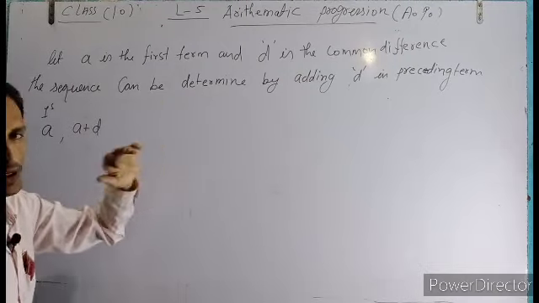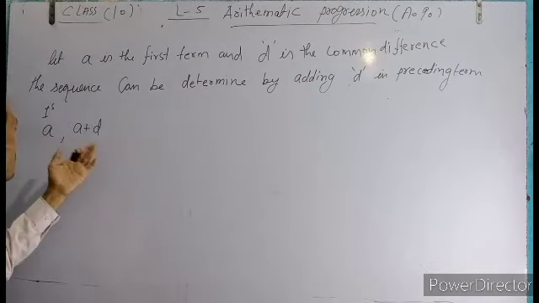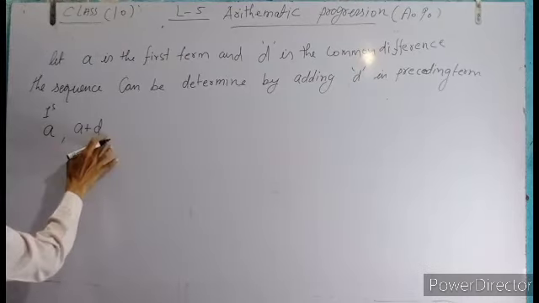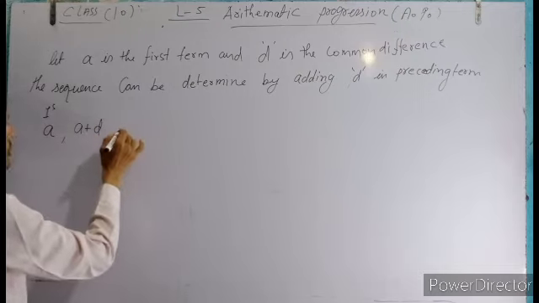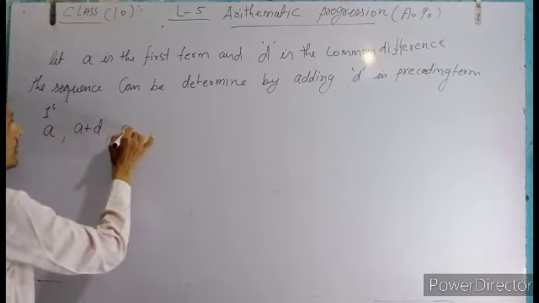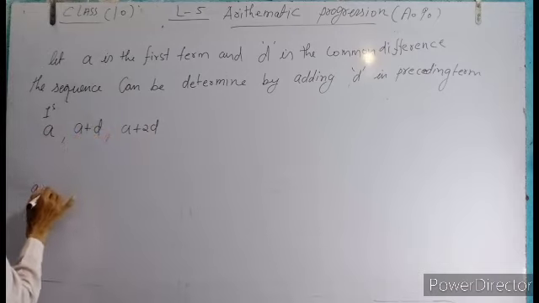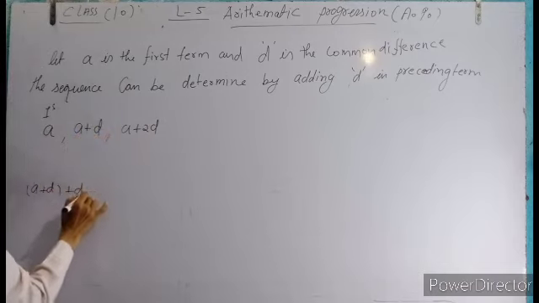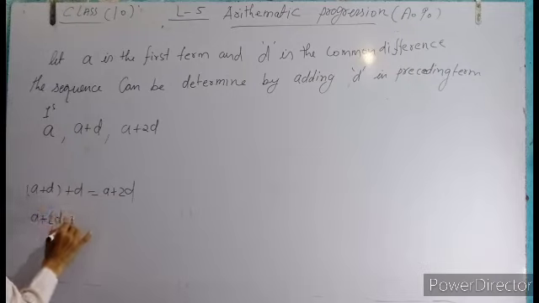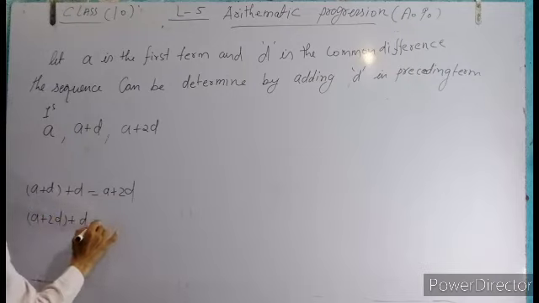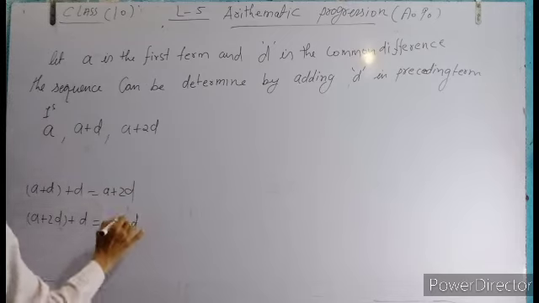By adding D, it is A plus D. If we add D to the preceding term, we get the next term. For the third term, adding D to A plus D gives A plus 2D. Adding D again to A plus 2D gives A plus 3D.